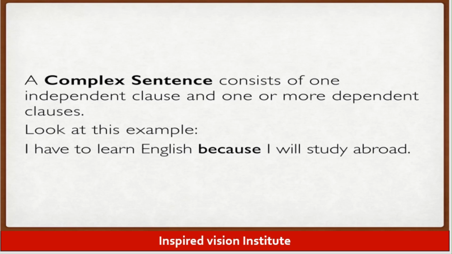Next, we have a complex sentence. A complex sentence consists of one independent clause and one or more dependent clauses. Look at this example: I have to learn English. It is an independent clause. Because I will study abroad, that is a dependent clause, because it starts with because, a subordinating conjunction.